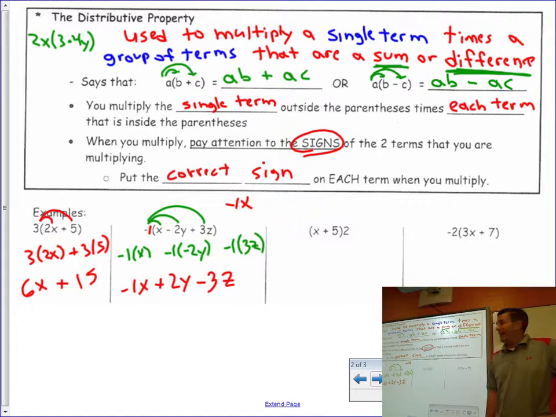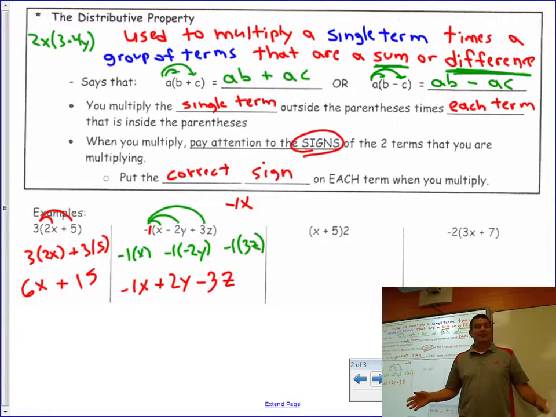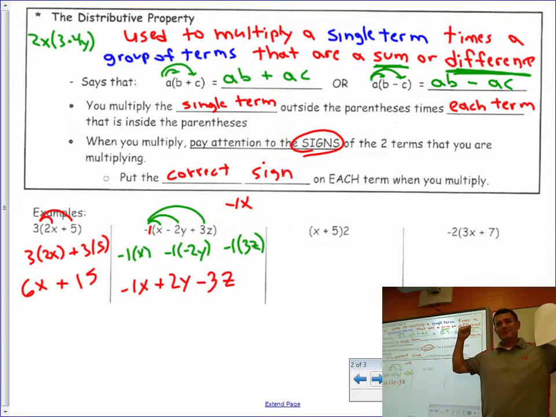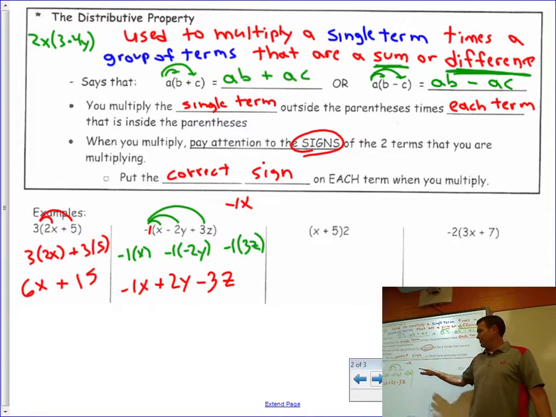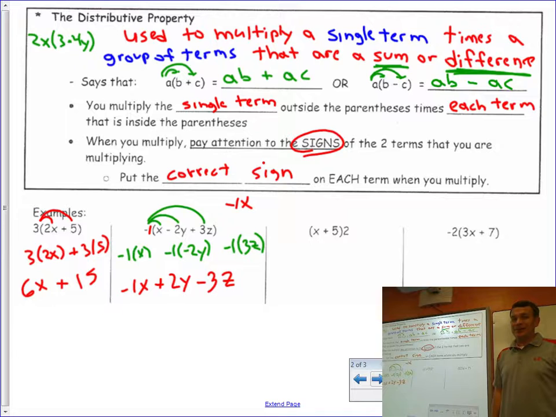Again, the signs, it seems to me, turn out to be the most common mistake that students make when they are adding and subtracting and multiplying. And the big thing is because adding and subtracting has different rules than multiplying, right? When you're adding and subtracting, how do you decide what sign goes on the answer? Well, it's the sign of the bigger number, right? But when you're multiplying, it's not the sign of the bigger number.